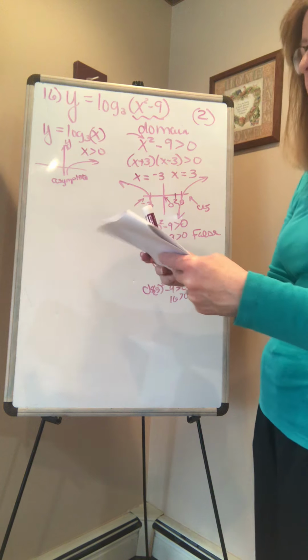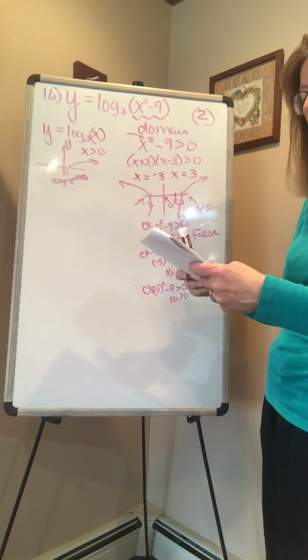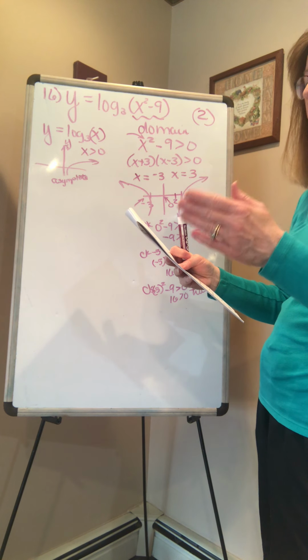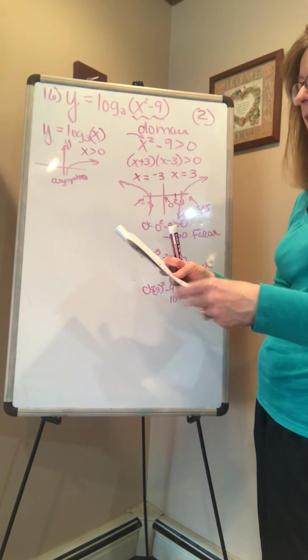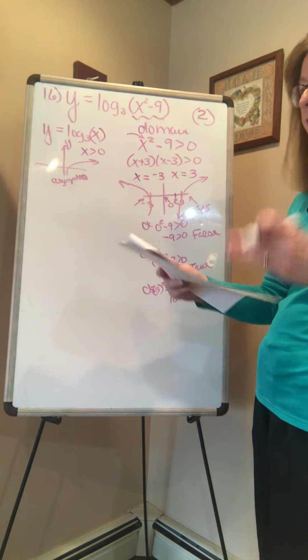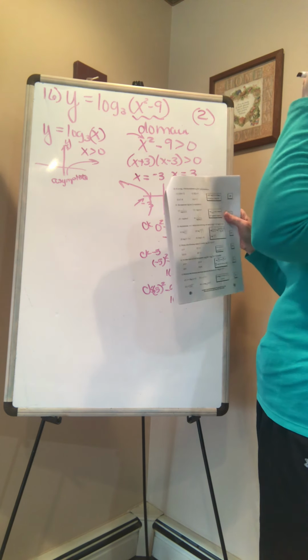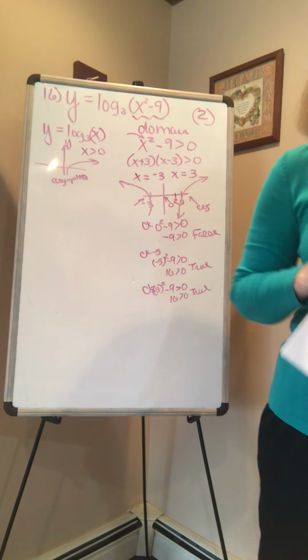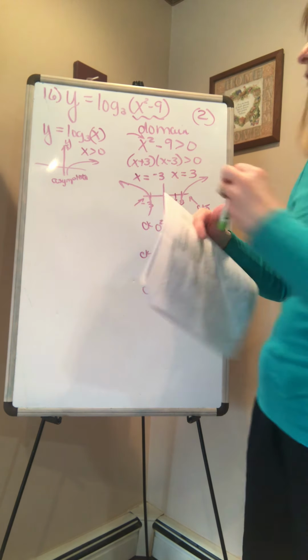Next one, number 18. If log base 2 of x equals a, then the expression. So this is substitution. This was on lesson 3. So let me use a different color so they don't overlap. All right, so number 18.